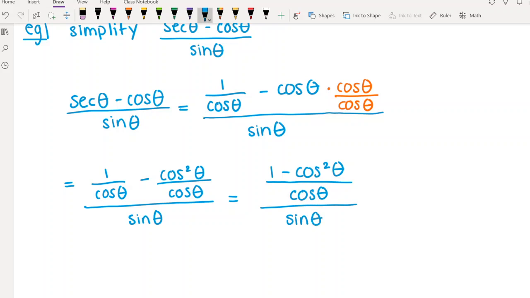So now we want to think back to our Pythagorean identities. Whenever you see something involving a squared trigonometric function together with 1, it's usually a good idea to look at your Pythagorean identities.